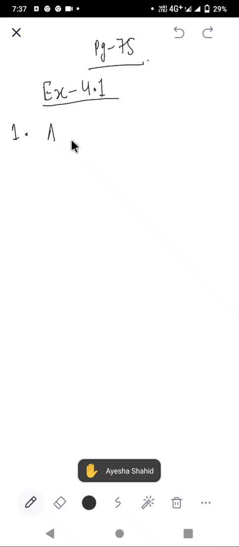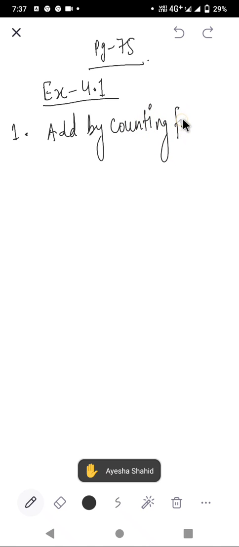Question number 1, add by counting forward. The first question is 63 plus 7.